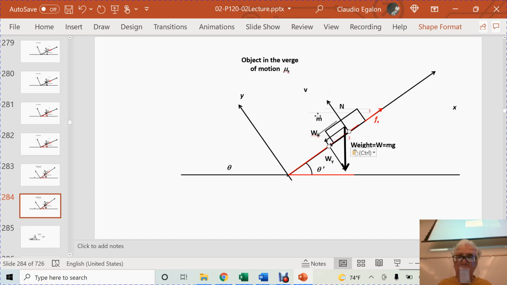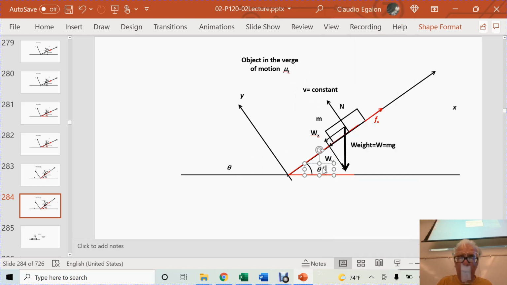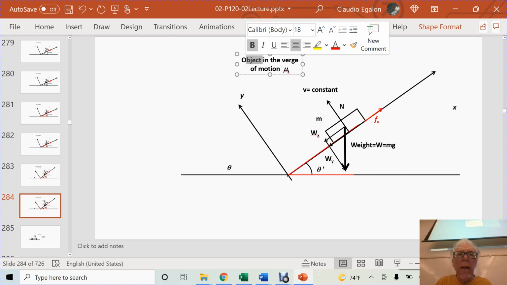If the velocity is constant, what's going to be the net force applied to the object? I'm going to name the angle theta again. Before, the object was not on the verge of motion, find mu sub s.